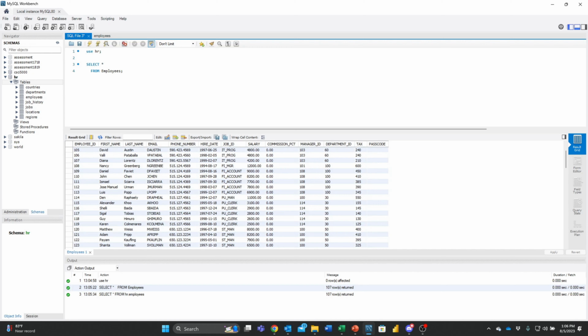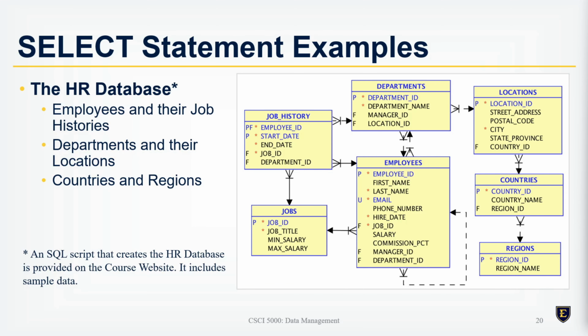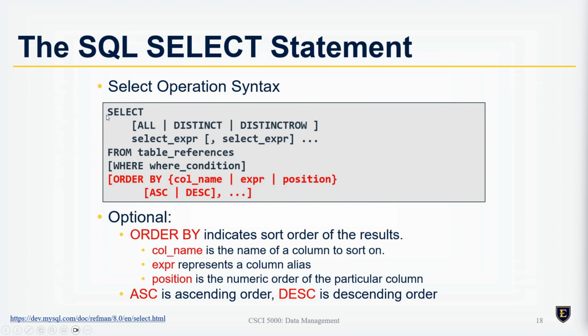So a couple of things that we want to remember with the select statement. Let's just look at the general syntax again. Select all, distinct or distinct row, select expression from table references, where we have a where condition, and then we can order by.